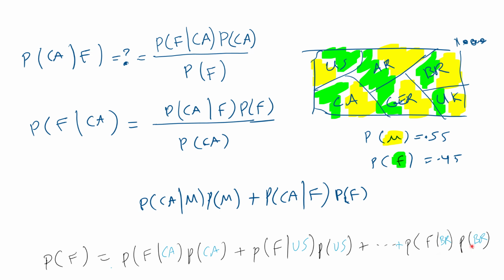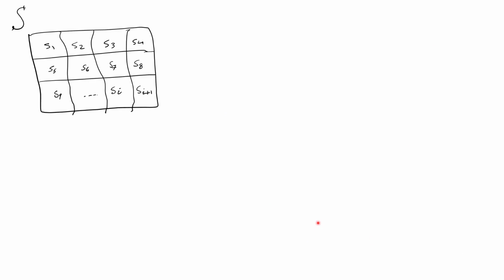So a more generalized format of that is I'm looking at the larger set, and these are the states of the world, and in those states of the world, I have some outcomes. For example, these states of the world are the nationality, and these outcomes are age group, for example.